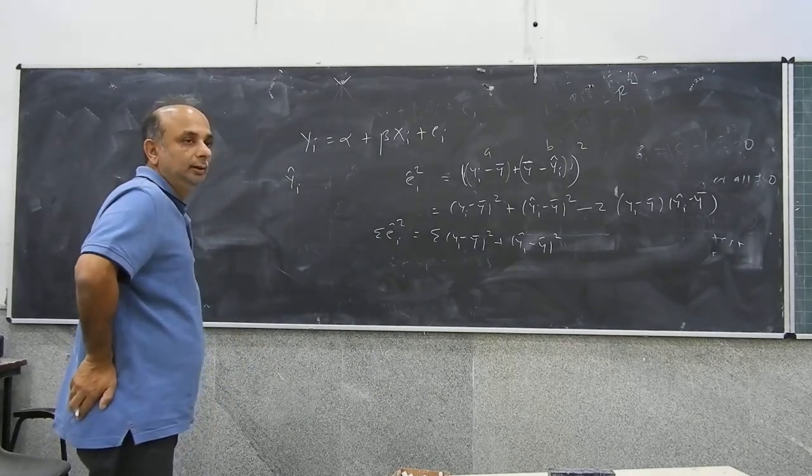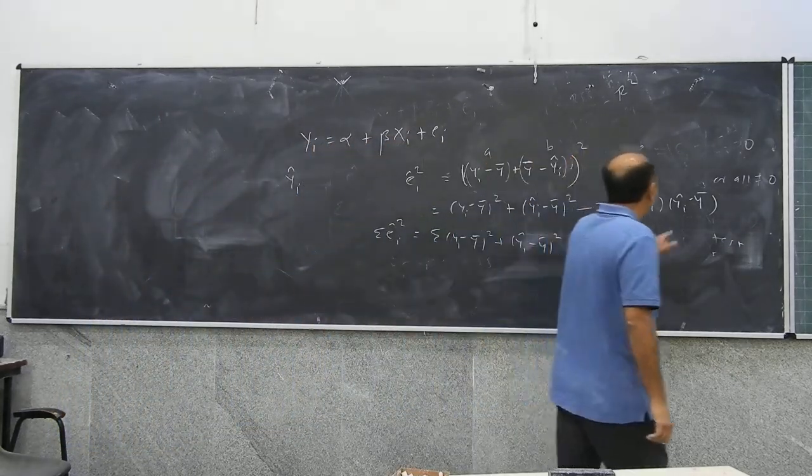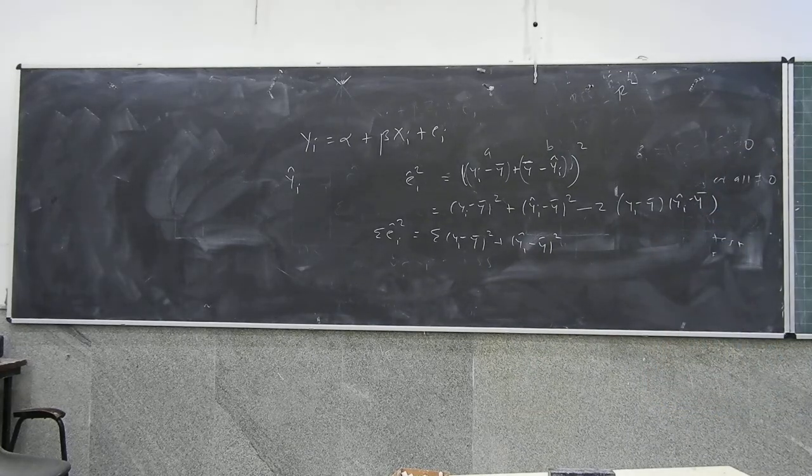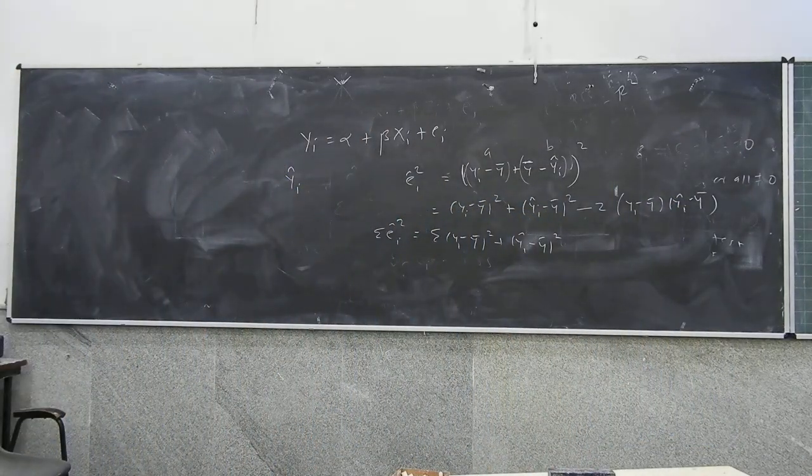Now what is y hat minus y bar? So now you have to show me that the total sum of squares is explained sum of squares plus the residual sum of squares. Do that exercise. Show me that the total sum of squares, if you sum all these and do something to these equations, right? Okay?